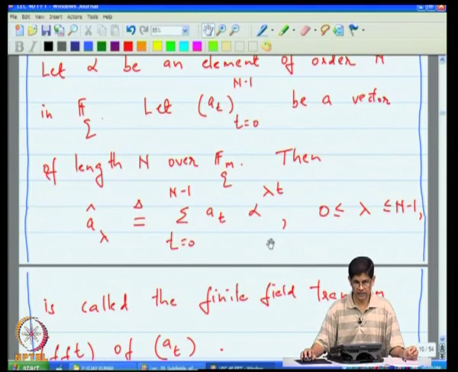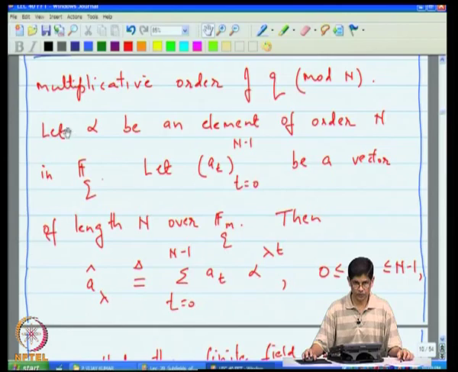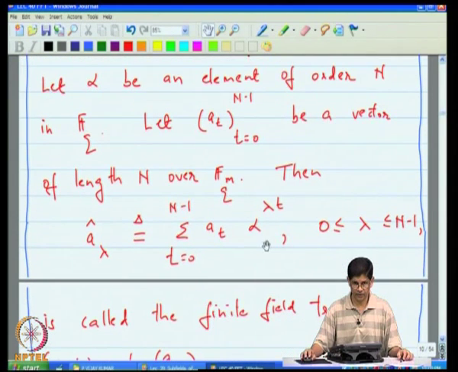Now, if you look at this and think about it, there is a lot of resemblance with the discrete Fourier transform, but I leave it to you to make that connection. Also this element alpha that we were looking for appears here.